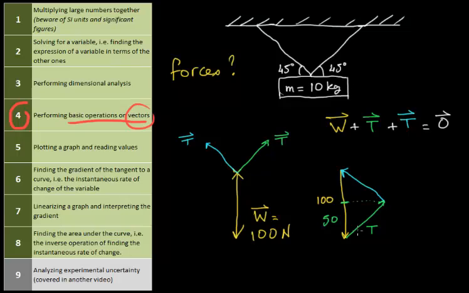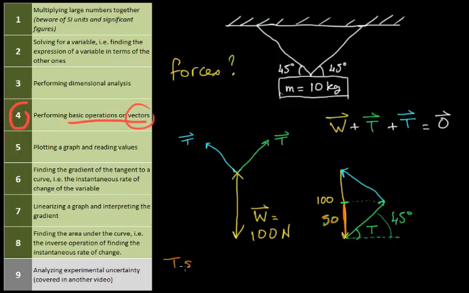Well, this is the length t, and I know that I have an angle of 45 degrees here. So the vertical projection of t here, that I will note in orange, which is equal to 50 in magnitude, it's also equal to t times the sine of 45 degrees.